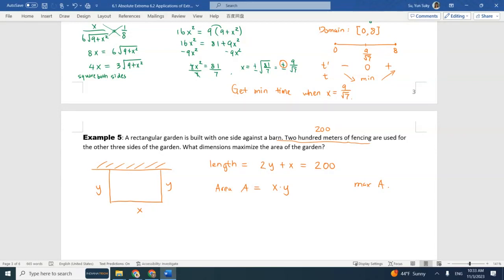Like, if I say, okay, let's spend some money. Like this side and this side, let's spend $5 per meter or per feet on this side. And on this side, the fencing material is $2 per meter. Then you want to minimize the cost.